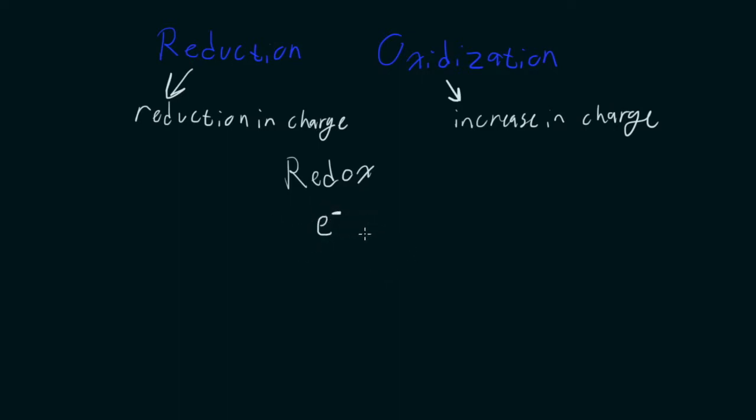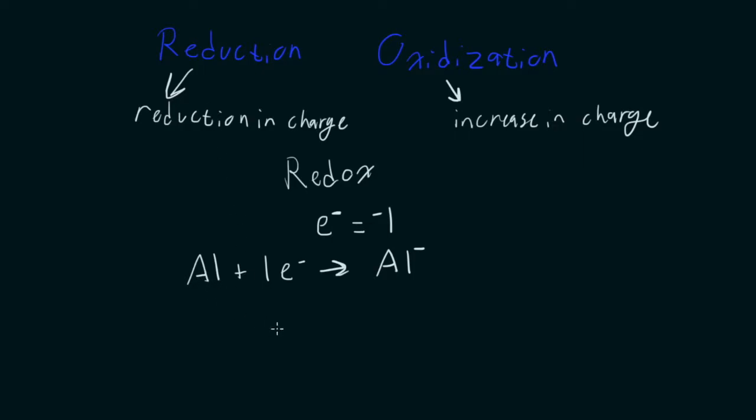Remember, an electron has a -1 charge. And so if I gain an electron, I'm going to lose some charge and thus be reduced. So if I've got aluminum and it gains 1 electron to become aluminum minus, well, then that would be a reduction.